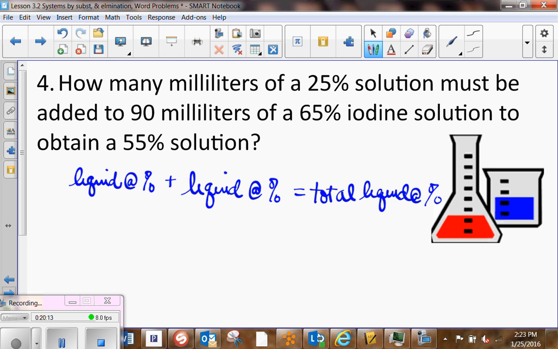How many, ooh, that's what they're asking, how many milliliters? I didn't set up a variable yet, did I? So I'm going to let M be the milliliters, which means this is liquid, right? It's milliliters. That's a liquid. Okay, so how many milliliters of a 25% solution must be added? So I'm adding it right here.